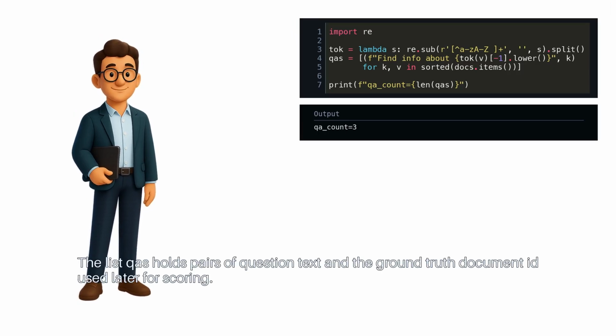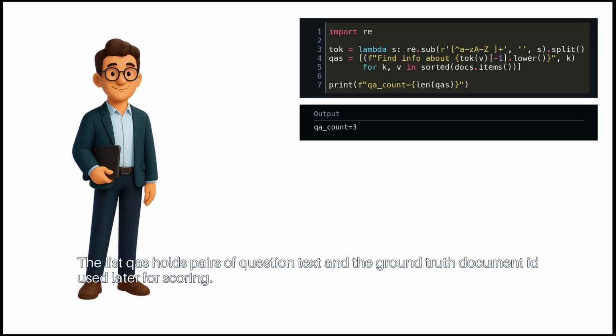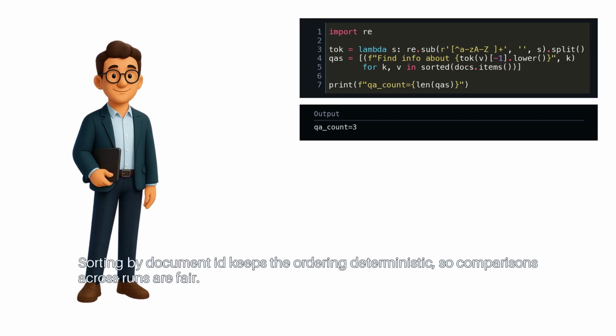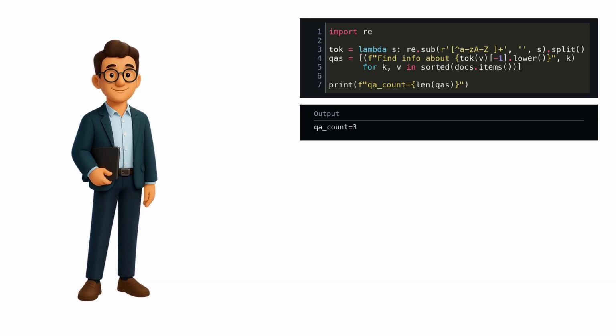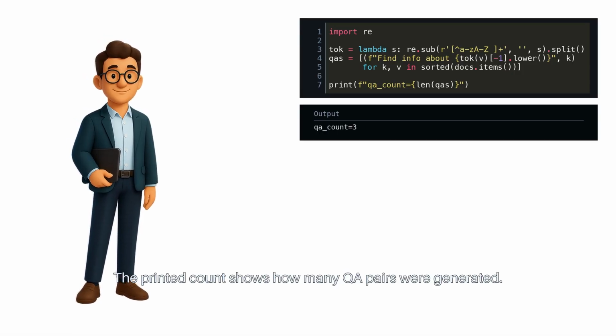The list QAS holds pairs of question text and the ground truth document ID used later for scoring. Sorting by document ID keeps the ordering deterministic, so comparisons across runs are fair. The printed count shows how many QA pairs were generated.